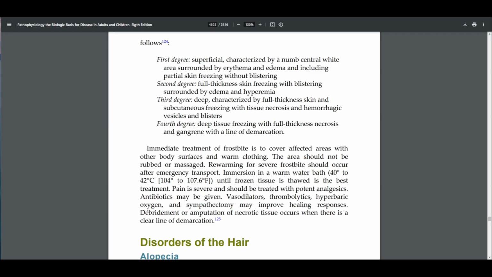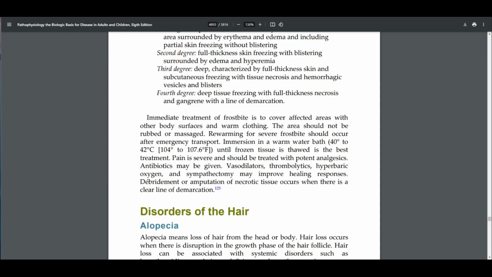Pain is severe and should be treated with potent analgesics. Antibiotics may be given. Vasodilators, thrombolytics, hyperbaric oxygen, and sympathectomy may improve healing responses. Debridement or amputation of necrotic tissue occurs when there is a clear line of demarcation.